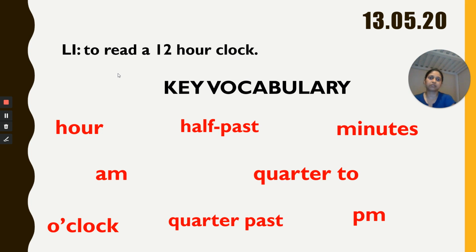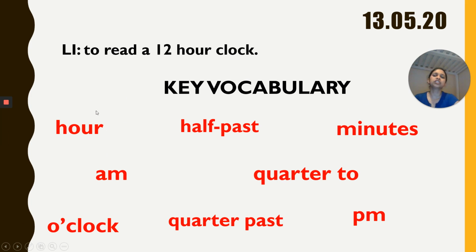Here are some of the key vocabulary words that we have been using for the past few days and last week with Miss Raza. I'm sure you've heard of these words, so you know what your hour is, your minute.